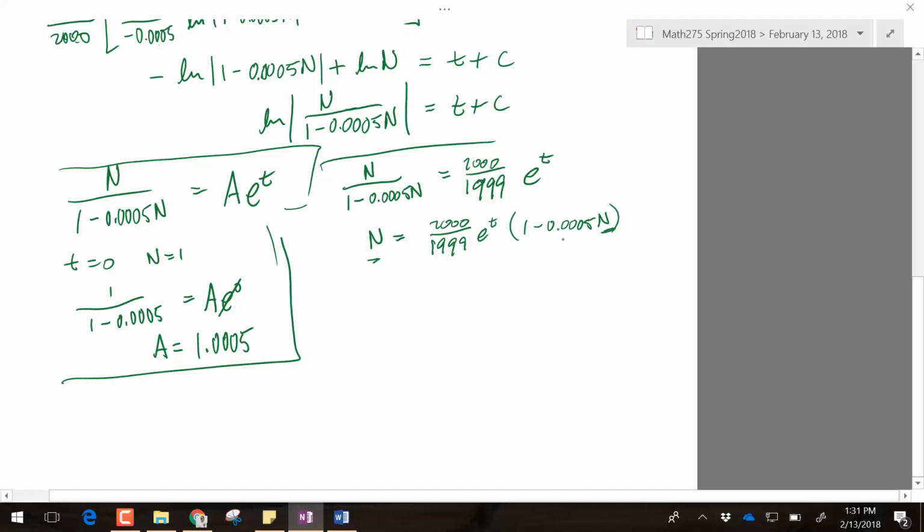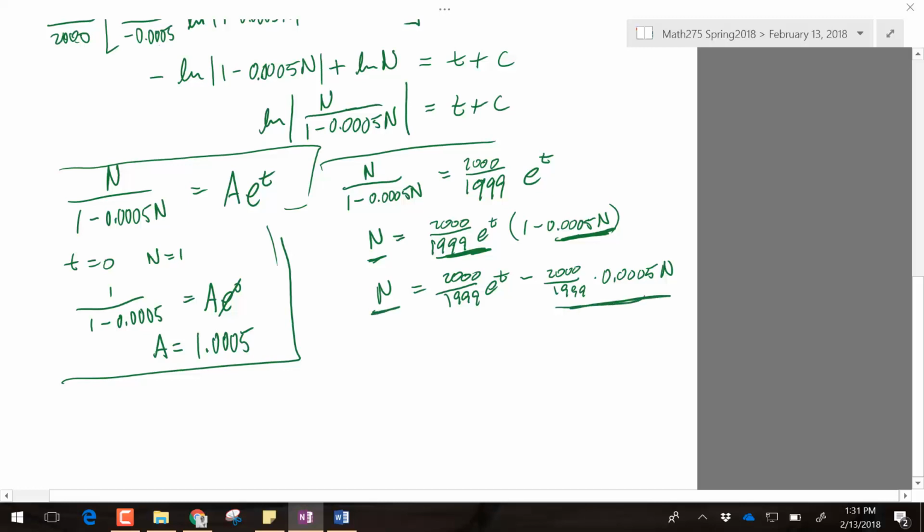Then we'll just figure out where the n's are and bring it all over to one side. So I have an n that involves this expression, and I have this n over here. So I'm going to distribute this first. Okay, so I have three terms.